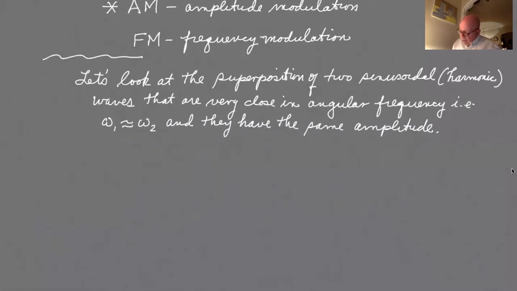So the composite wave then is going to be y, a function of x and t. It's going to be a cosine of k1x minus omega 1t. We're going to suppress the phase factors here, okay? Let them both be equal to 0.